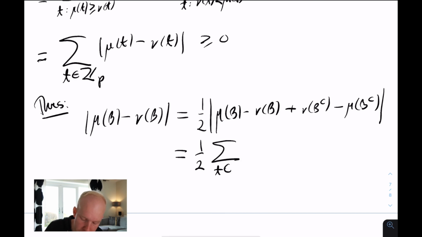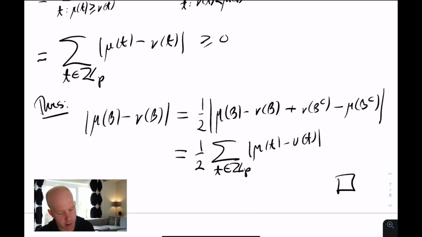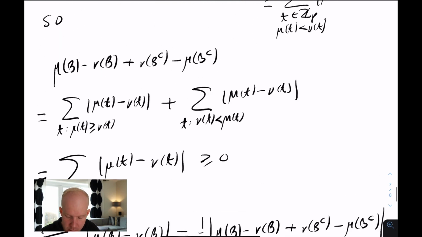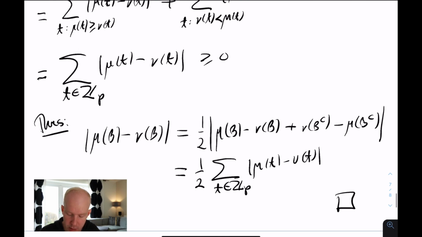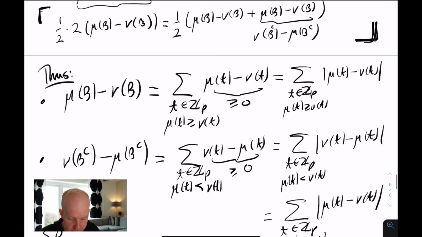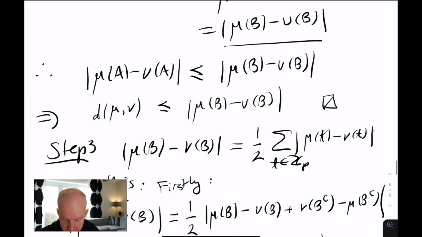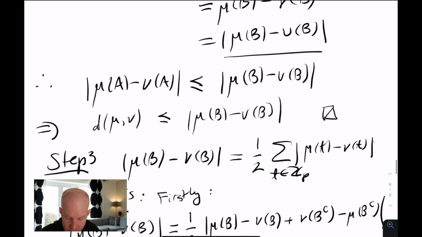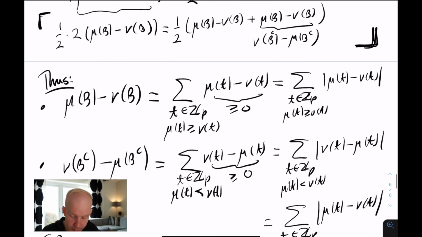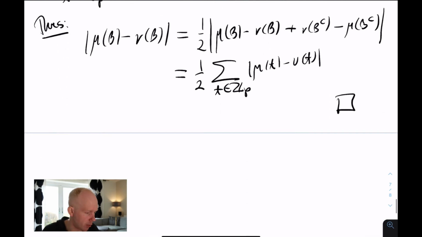We get this summation over t in Z_p of |μ(t) minus ν(t)|, which proves the claim. So we have now proven that this μ(B) minus ν(B) is equal to this half of the summation over these distances, but at the same time it maximizes the total variation distance. So that's the proof of the whole theorem.